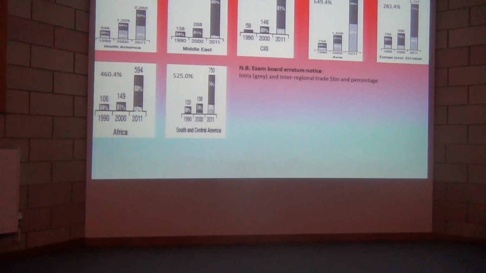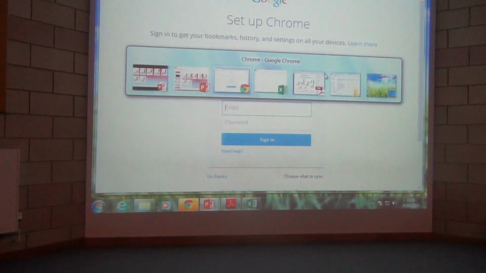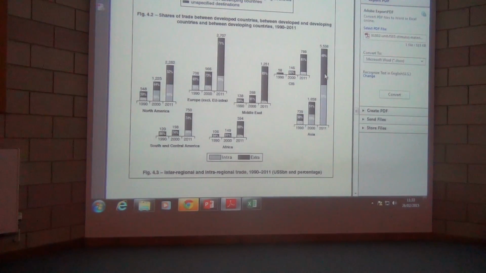Well, we first of all begin by making sure that we're all aware of the exam board erratum notice. So if I just go to the pre-release material here, this word extra should not say extra, this should say inter-regional trade. You can see figure 4.3 refers to inter-regional trade and intra-regional trade.